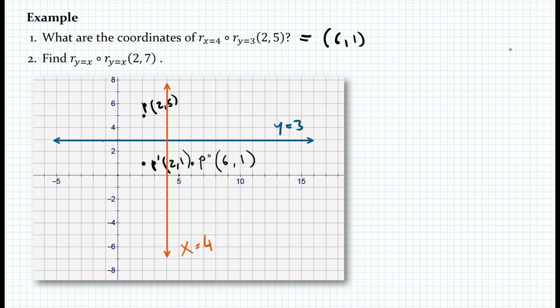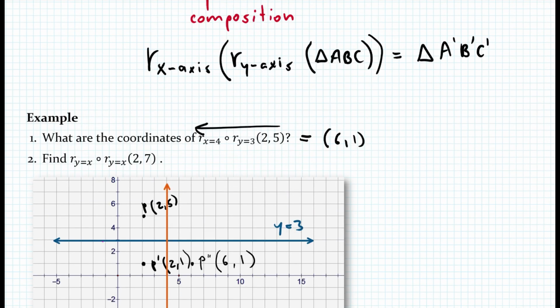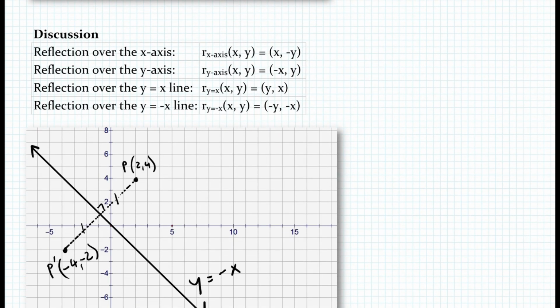As you can see, we read the point from right to left here, okay? And now for the second part, it says that first we're reflecting over the y equal to x line. So when we go back, you remember the rules, okay? When we reflect over the y equal to x line, we just swap the y and the x.